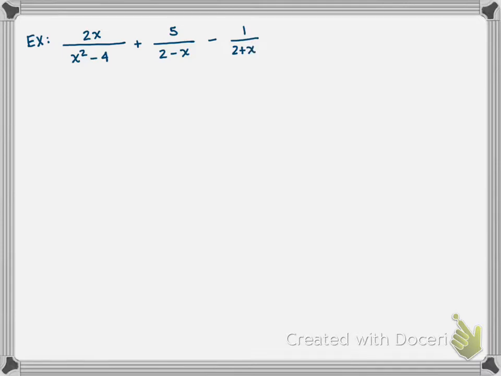So, as usual, any addition, subtraction goes in parentheses. So our first job is to factor those denominators. So this factors as x plus 2 times x minus 2.